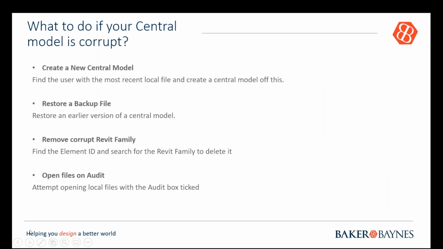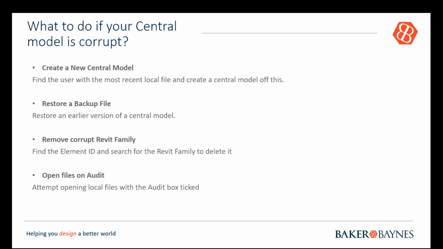Okay, so what do I do if my central model is corrupt? First thing you want to check is who still has an up-to-date local model. If you have about 4 users on this project working simultaneously, maybe user D has a very recent version of the local model.